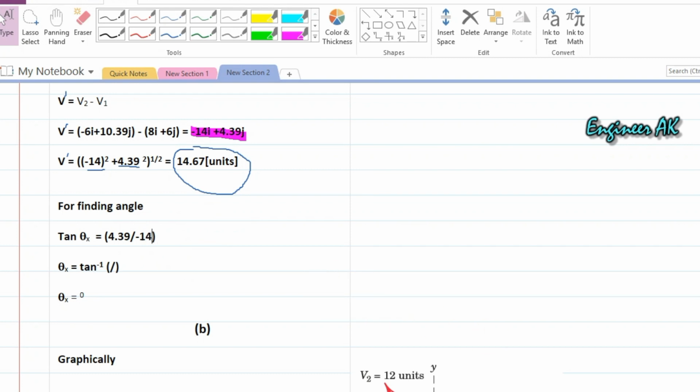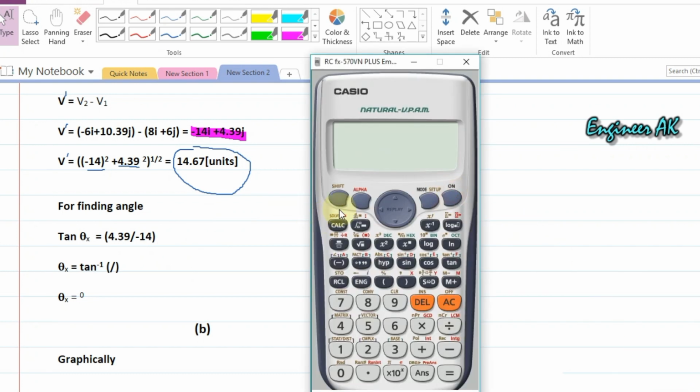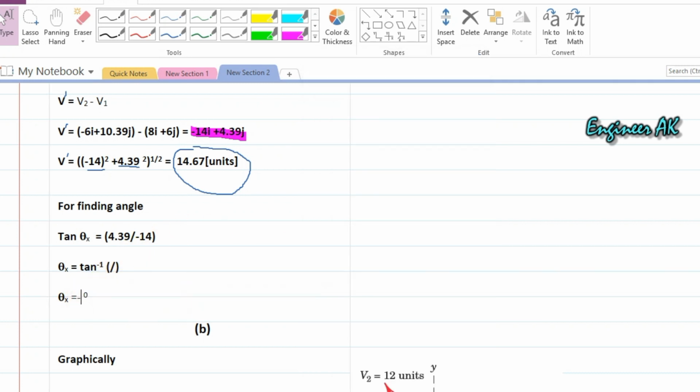So let's plug these values in the calculator: tan inverse of minus 4.39 divided by 14, here we go. I'm getting minus 17.4, or minus 17.41 if I round it off, degrees. So here we can see that there is a minus sign.